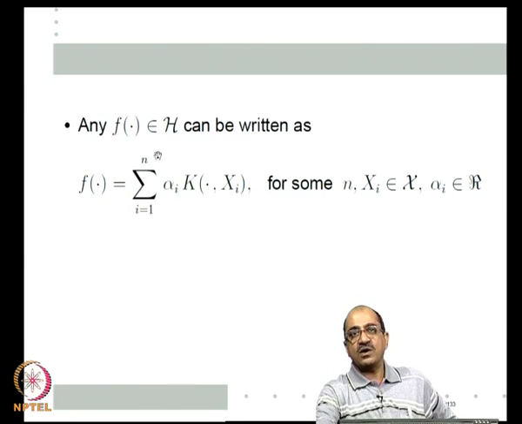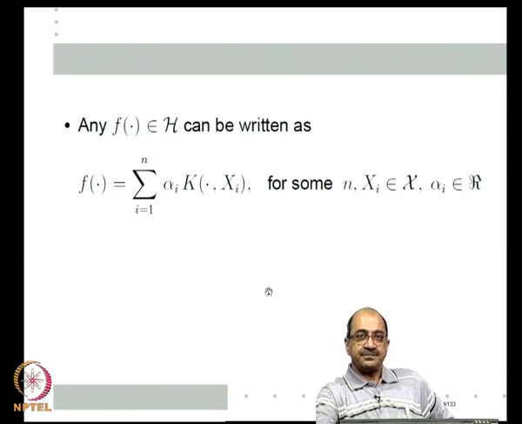So, f will be the sum for i equal to 1 to n of alpha i K(dot, xi), for some real numbers alpha i and some xi. So, every function in the script H can be written like this: for some x1 to xn elements of script X, some alpha 1 to alpha n real numbers and some n, f can be written as the sum for i equal to 1 to n of alpha i K(dot, xi).